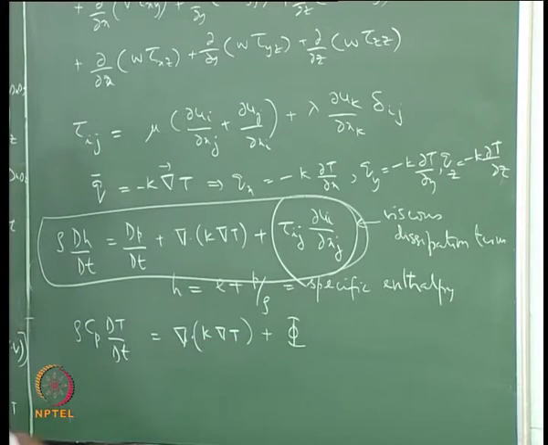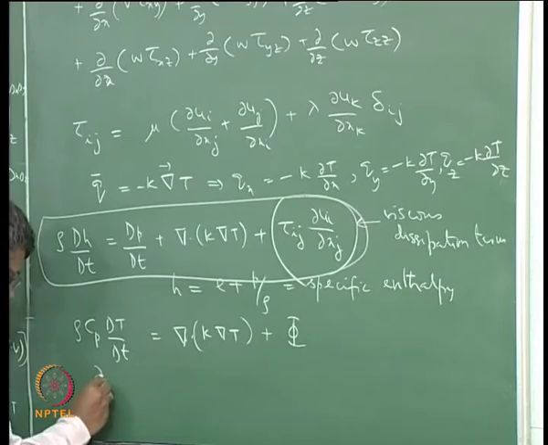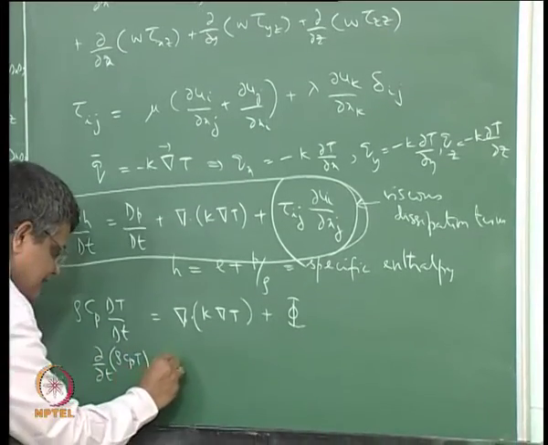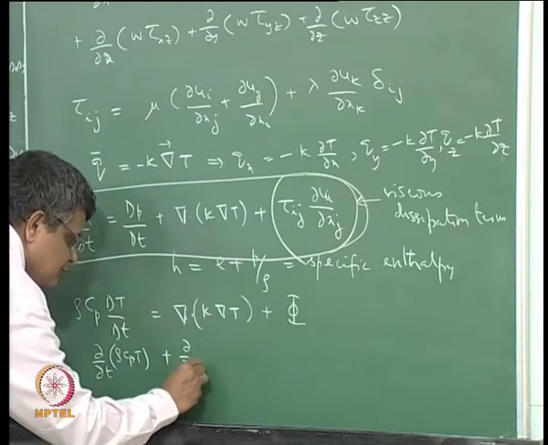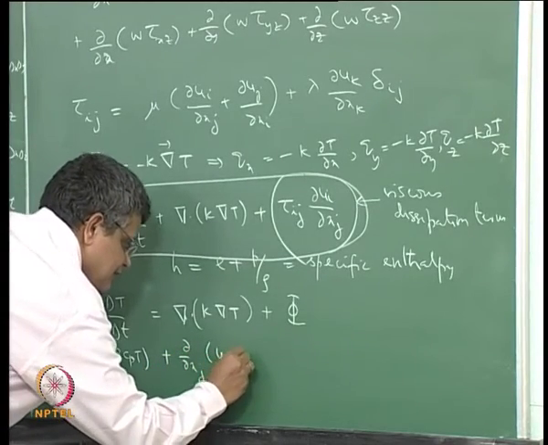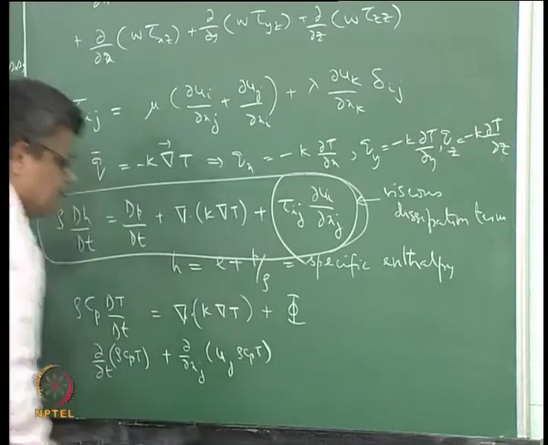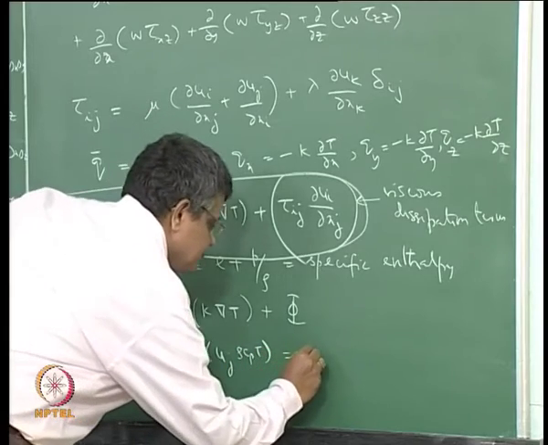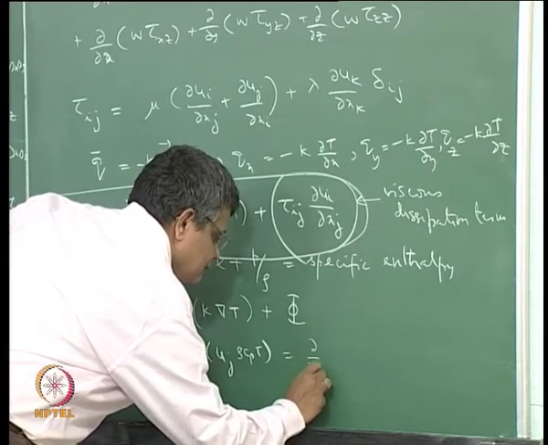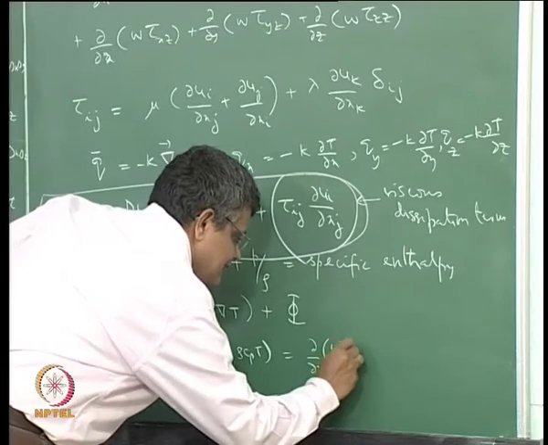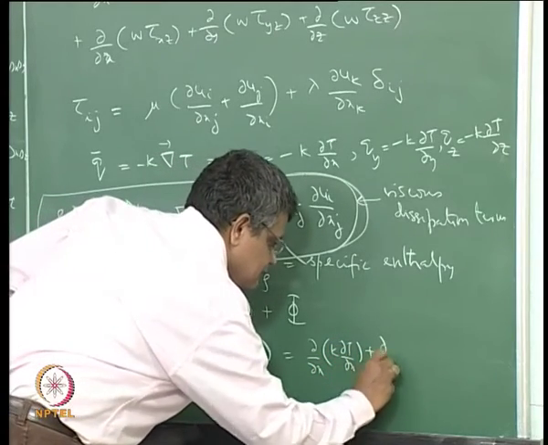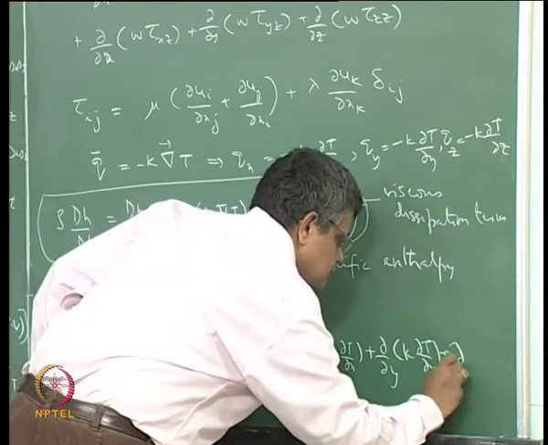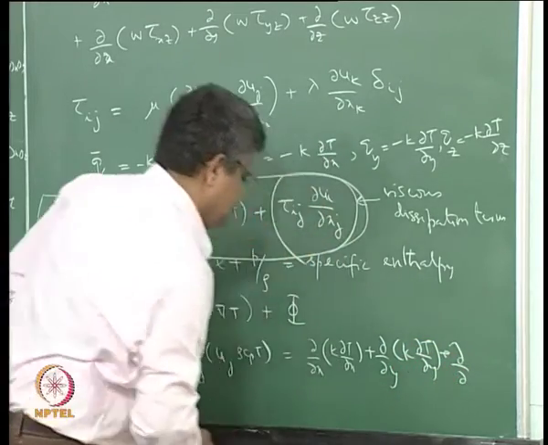If we neglect this, we can write down a simple form of this: ∂/∂t of (ρCpT) plus ∂/∂xj of (uj ρCpT) equal to ∂/∂xj of (k ∂T/∂xj).